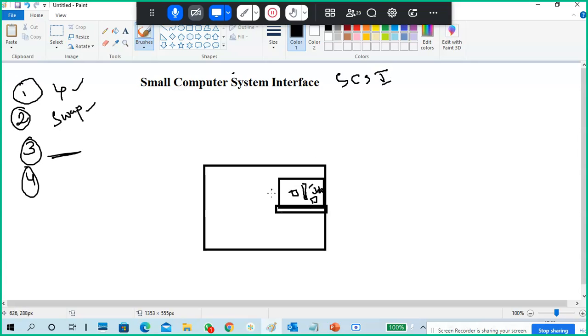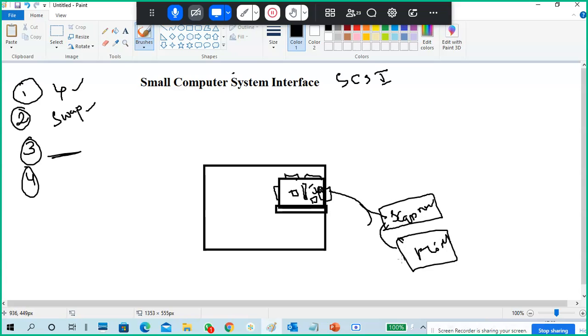So what is the advantage of using this one? It contains external connectors and internal connectors. You can connect different types of devices, like a scanner, a SCSI scanner, not a normal scanner, and you can connect a printer.